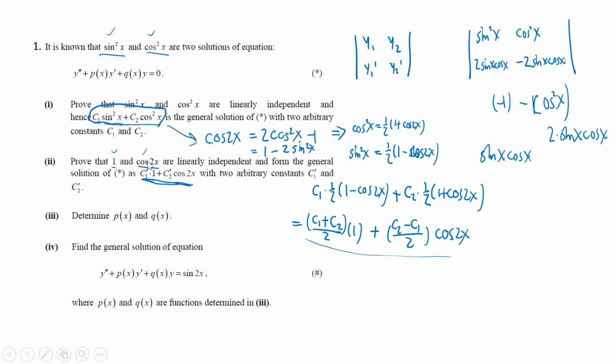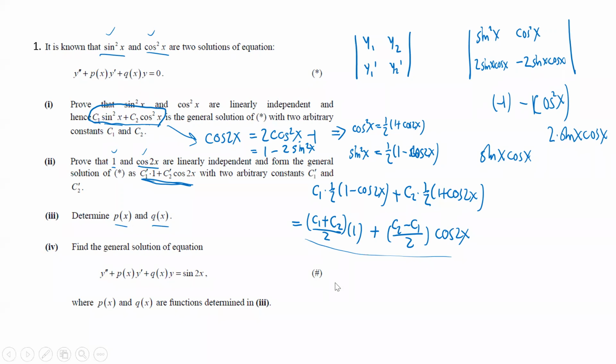So if we want to find p(x) and q(x), what do we need to do? We try to substitute these two known solutions back into the equation. Now 1 is a solution. So if I substitute this 1 back into the equation, what do I get?